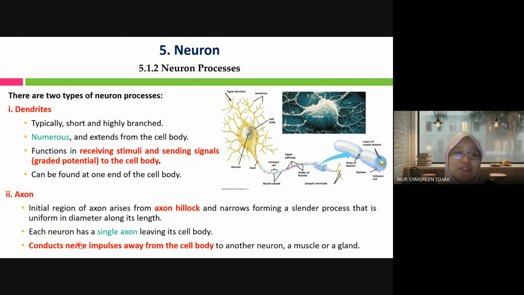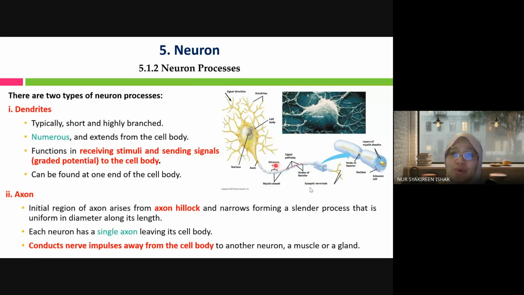Each neuron has a single axon leaving the cell body, which conducts nerve impulses away from the cell body to another neuron, a muscle, or a gland cell. For example, this is a neuron that is generating and transmitting impulse. At this end, it will connect with another cell. This other cell can be another neuron or a muscle cell.